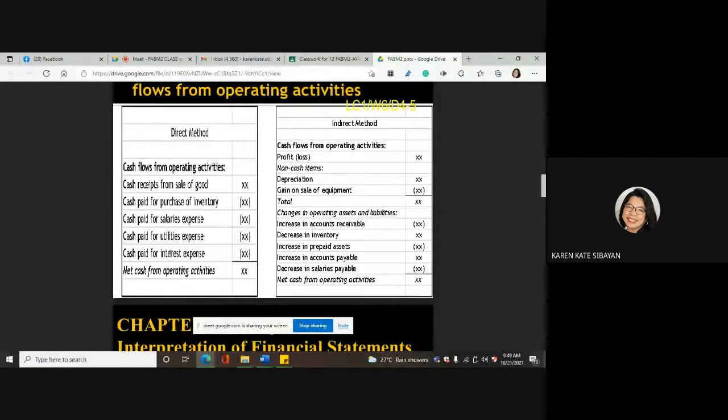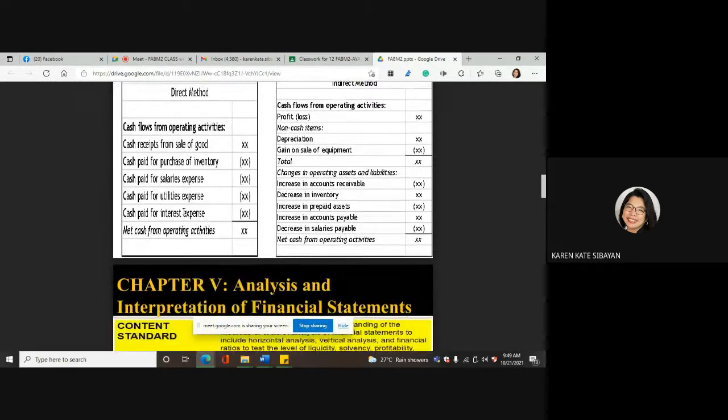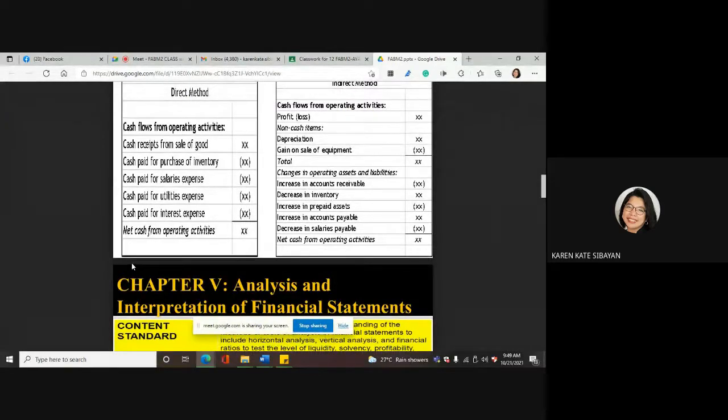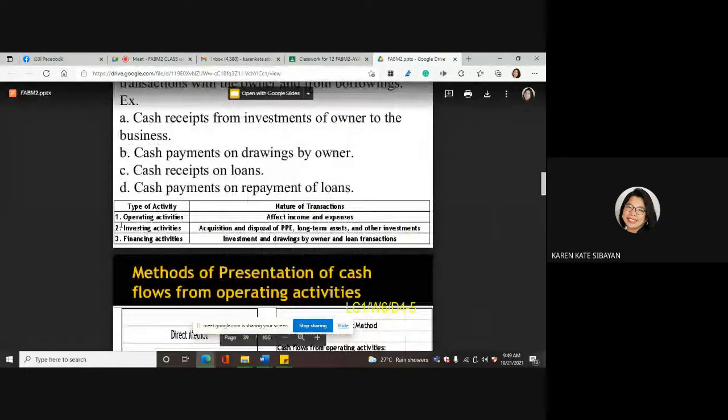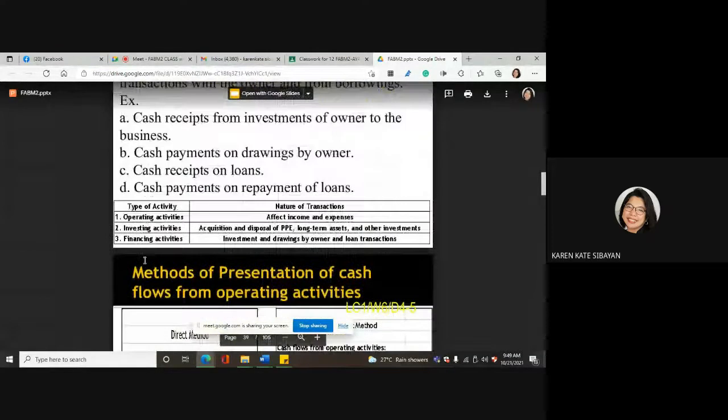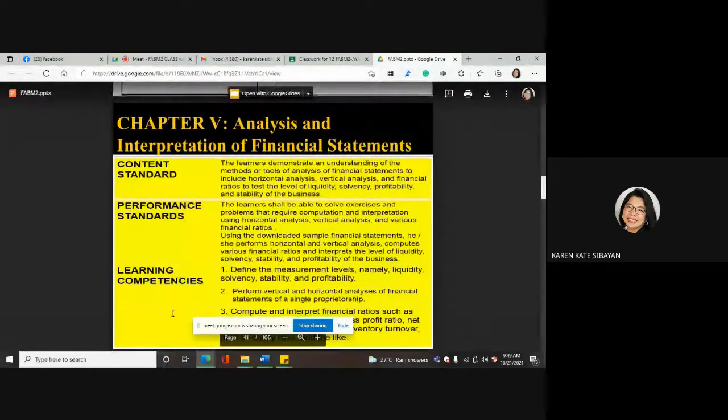Pagsama-sama mo yan lahat. Then, total. After nyan, sa baba nyan, ilalagay mo rin yung next. Kung meron kang investing activities, pagsama-sama mo uli, total. Sa baba uli is the financing activities kung meron.